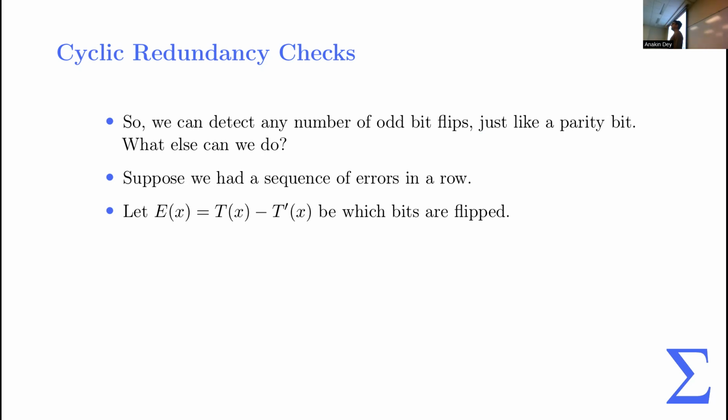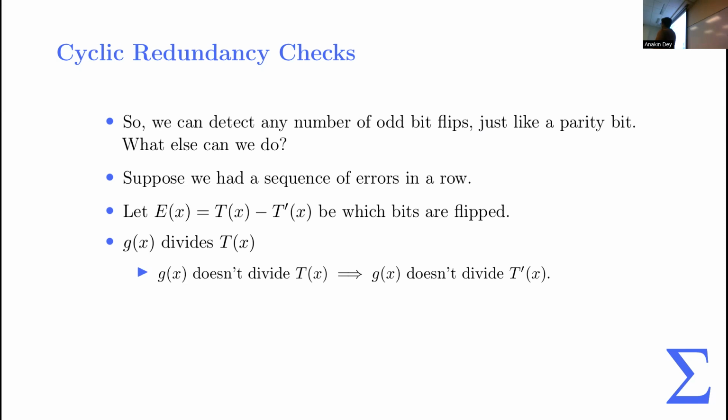Say we had a sequence of errors in a row. Then we could take the message we meant to send, subtract the message we actually did send, and this will give us E of X, which you can think of as a number where every single bit that has an error is set to 1.